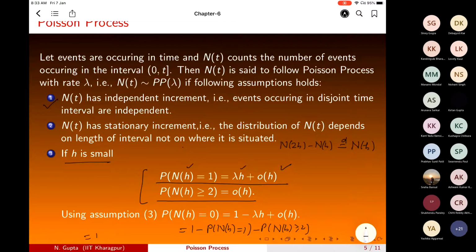So this will be 1 minus lambda h minus o(h) minus o(h). But we know that a linear combination of small o(h) functions is small o(h). So that becomes 1 minus lambda h plus small o(h). We have just seen that.